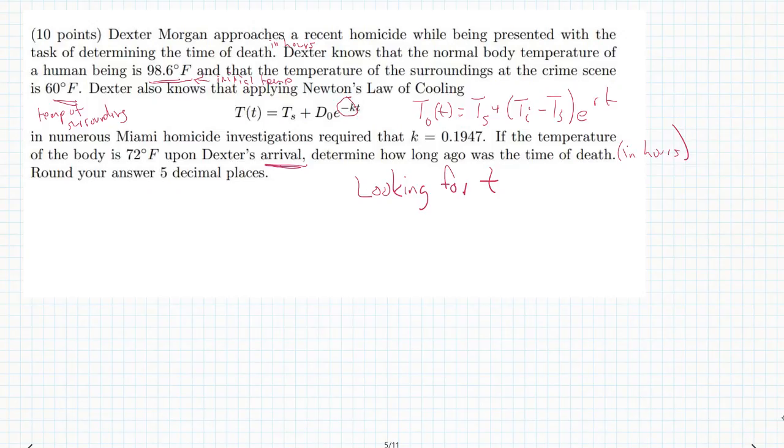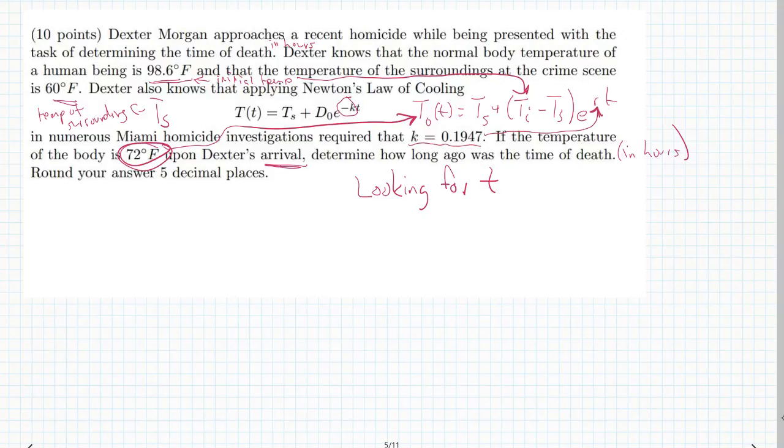Well, this temperature of the surroundings, that's T sub S. The 98.6, I believe that should be, and I'm going to kind of line it up right there, that's the T sub I. And so what is this 72 degrees Fahrenheit? Well, that's the final value, so that's going to be the T sub 0 of t. Now, the r is technically denoted by k in this case, which is, I know, a little bit confusing, but this should be negative, so r equals negative k because it's cooling down.